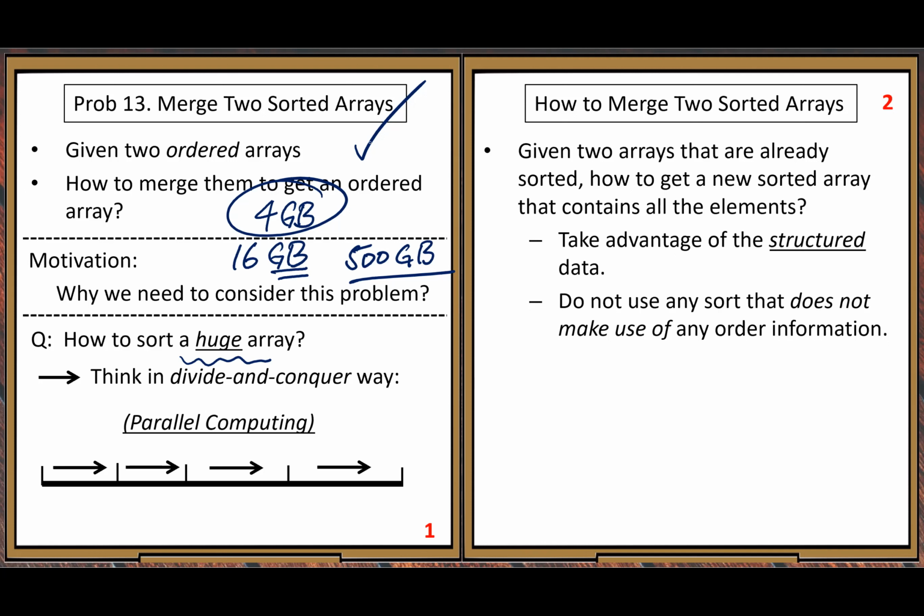Do we take advantage of order information in the selection sort? No, because no matter what the order is, ascending or descending, your selection sort uses the same number of comparisons. Best case, worst case, the same number of comparisons. That means you do not take advantage of the order information.